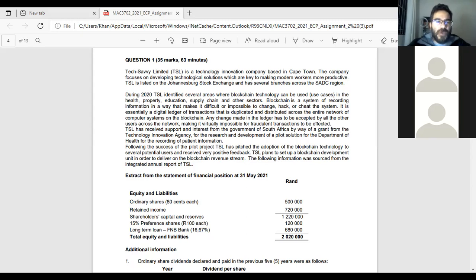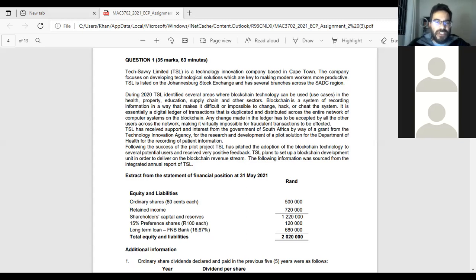They say during 2020, TSL identified several areas where blockchain technology can be used in the health, property, education, supply chain, and other sectors. Blockchain is a system of recording information in a way that makes it difficult or impossible to change, hack, or cheat the system.